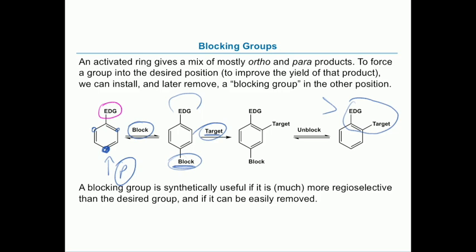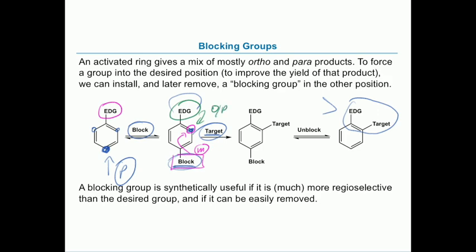So that's where we take advantage of the remaining ortho substitution, which also means this blocking group generally will be a meta director. If you notice, the blocking group is in a meta position compared to my donating group here, which would be ortho-para selective.